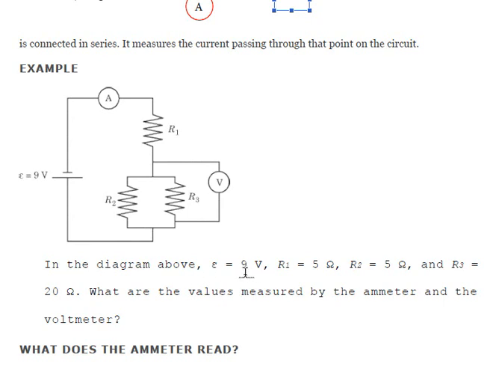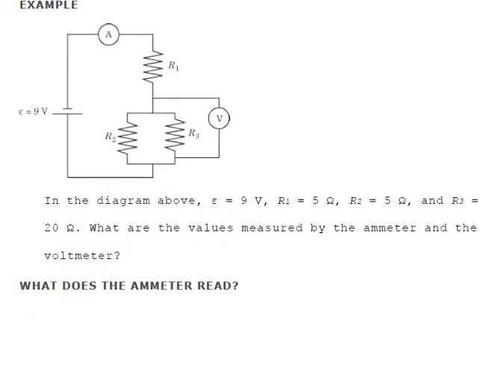So we have 9 volt potential difference, the value for resistor 1, 2, and 3. What are the values measured by the ammeter and the voltmeter? So it's just another way of asking you what is the total current, and the potential drop across R3. So let's figure out first, what does the ammeter read?